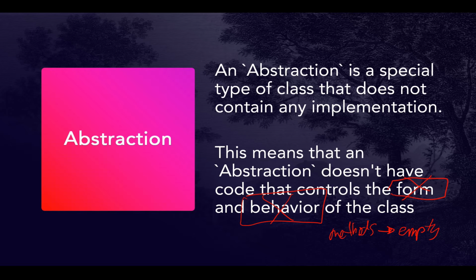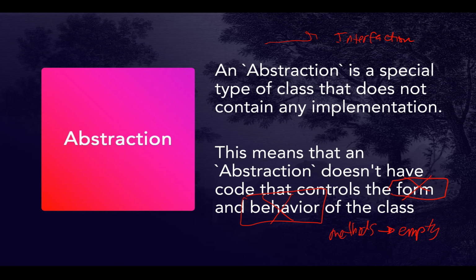It only contains code that specifies how this class interacts with other objects. And this is actually where the term interface makes sense, because an abstraction interacts with other classes through this interface.